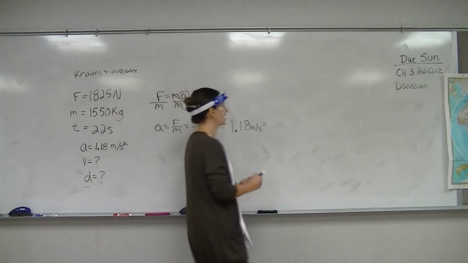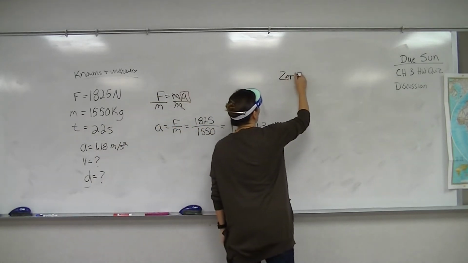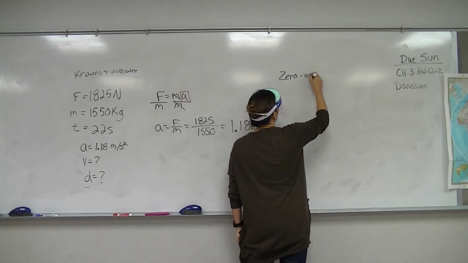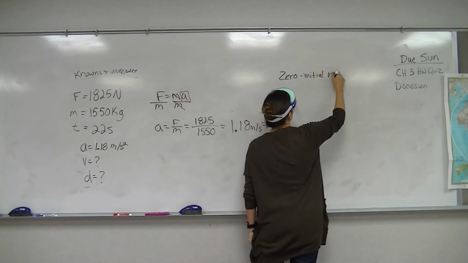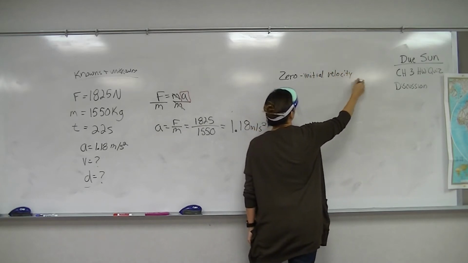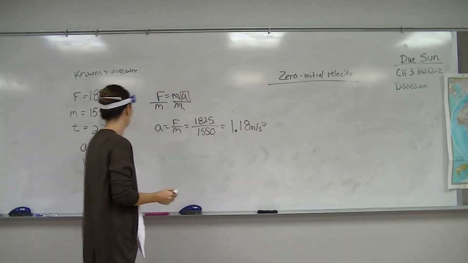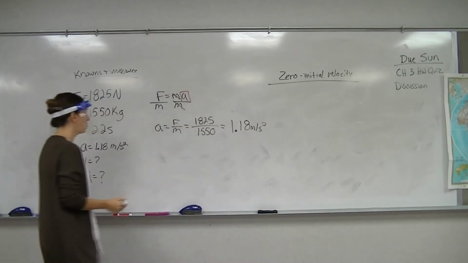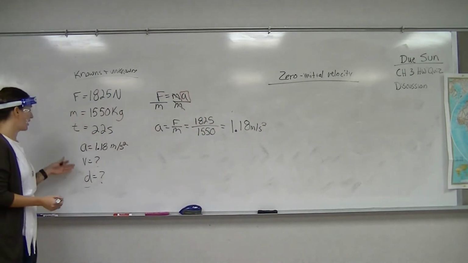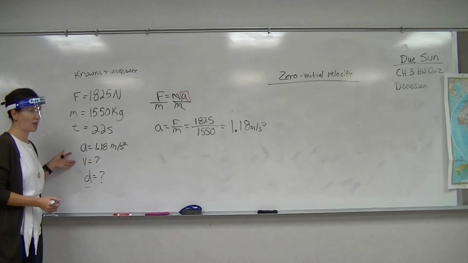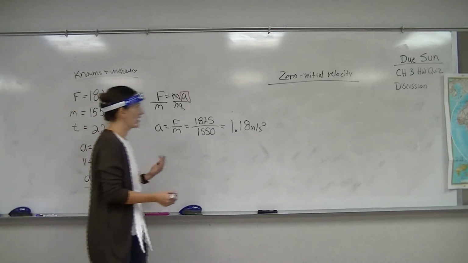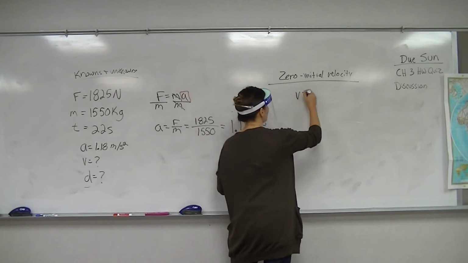So if it was at a stop, we're going to look at our 0 initial velocity equations. Looking in that column, I would look for any equations that had velocity in it. Can I use the most simple one, which is v is equal to at?